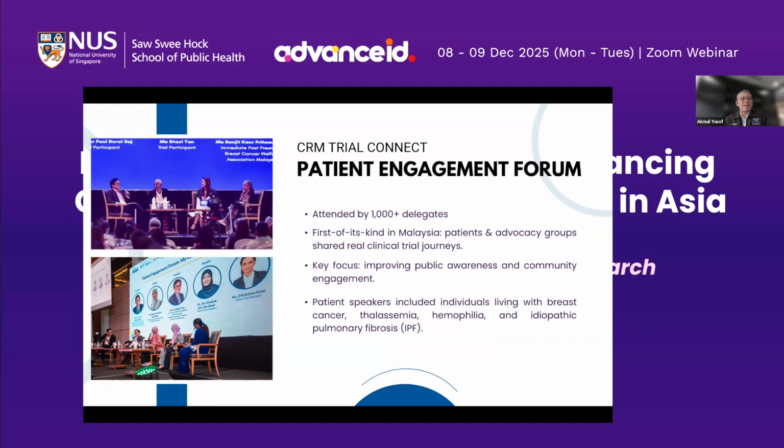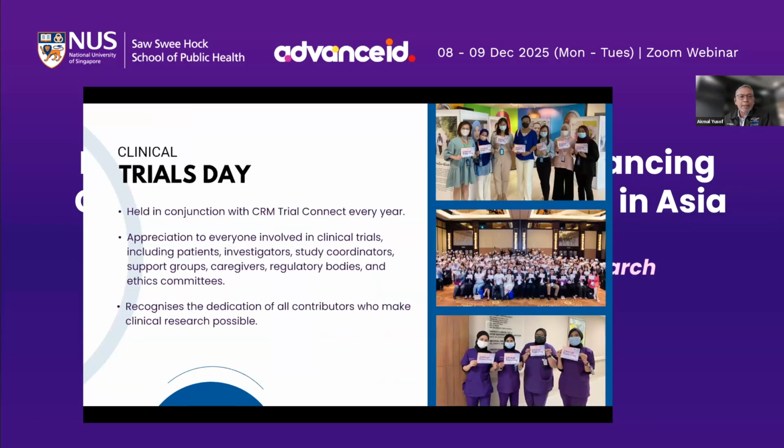What are the things they can talk about, not only improving public awareness, but also understanding what can be done better in terms of the design of the clinical research itself? The duration of the treatment, the number of visits, those kinds of things are discussed during this forum. So we have already had people from lung cancer, breast cancer, thalassemia, hemophilia, and also idiopathic pulmonary fibrosis.